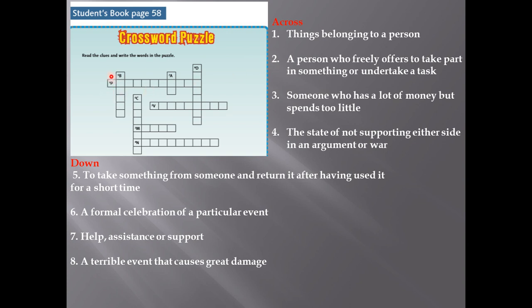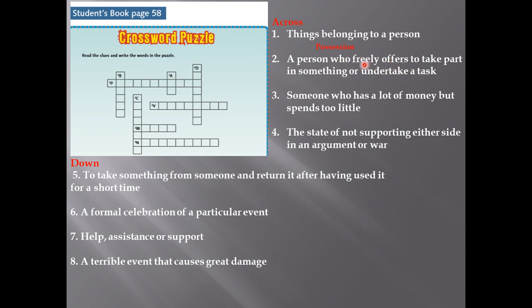Number 1 here, which starts with the letter P. Things belonging to a person, like my car, my house, my things, all of these we call them possessions.